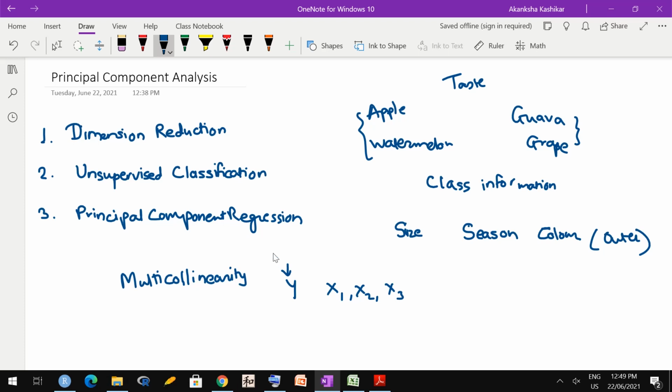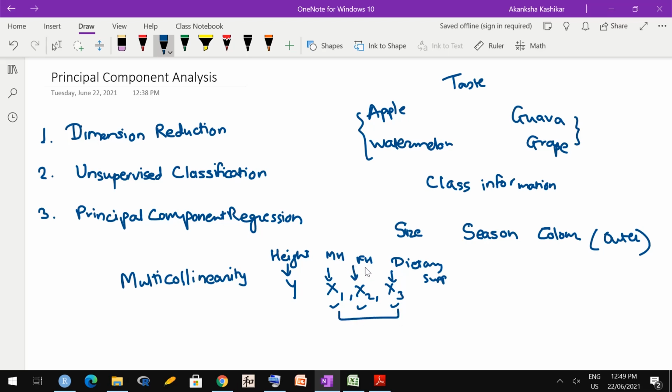Okay, so for example, y can be say height of a person, and x1 can be mother's height, x2 can be father's height, and x3 can be say some dietary supplements that the person is taking. Okay. So now we are trying to explain height of a person via mother's height, father's height and dietary supplements. So these three are regressors. Now some of these regressors can be correlated.